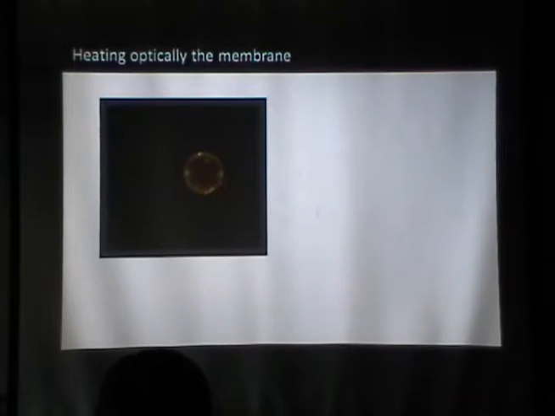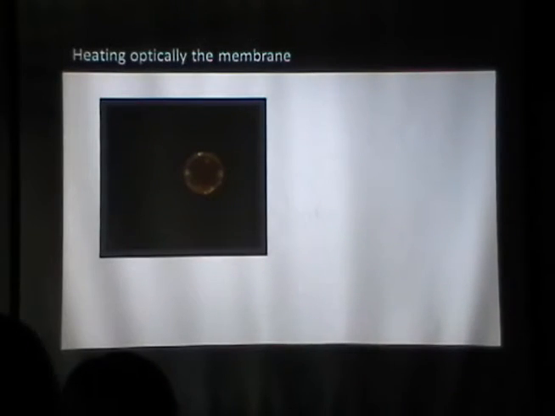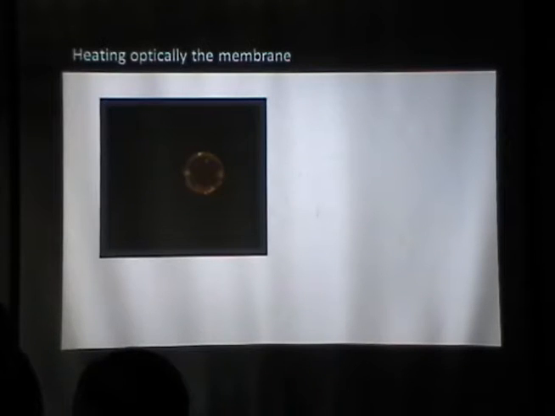Here we have an example. This is one of these GUVs labeled with the fluorophore and decorated with gold nanoparticles. And we wanted to test if we can really heat up this thing. So the experiment starts.